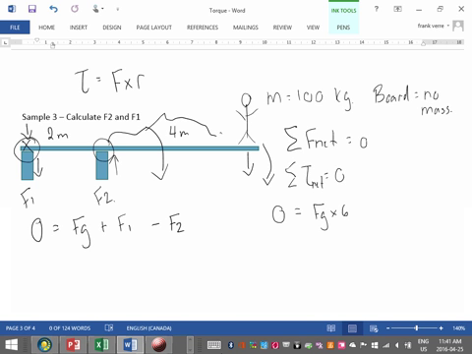It would be the opposite. So if I make clockwise one sign, like positive, then that has to be negative, okay? So we'll say minus F2 times the distance to the pivot point. Now how far away from the pivot point is F2? It's 2, right? So times 2.